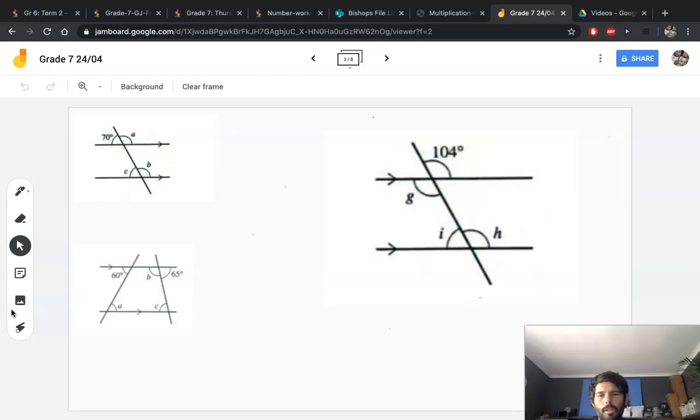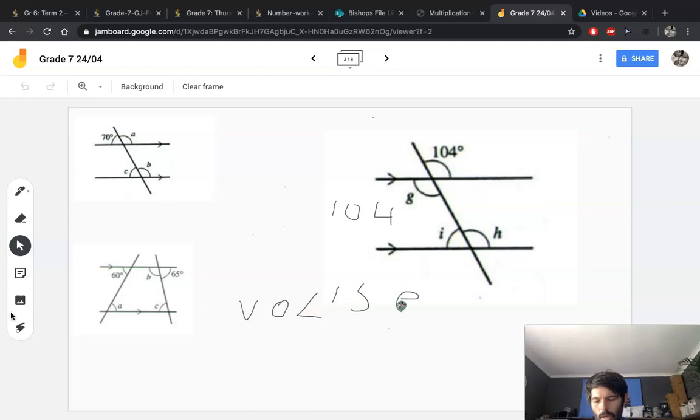Second one, which I've enlarged for you, and straight away you're more than likely saying that G is 104 because it's vertically opposite. Quite often when you get asked to work out these angles, they'll ask you, what is your reason? There you would say vertically opposite angles are equal.